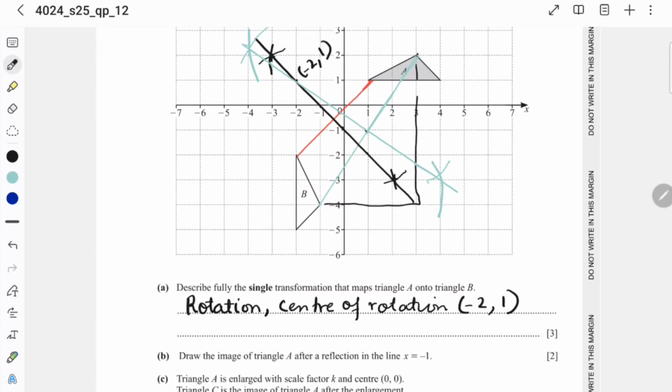Now we are finding out whether at this center of rotation it is clockwise or anti-clockwise, and how much angle it is. So you just join the points with the center of rotation, the object with the center to the image. So this is the object to the center to the image, so it is making 90 degrees.